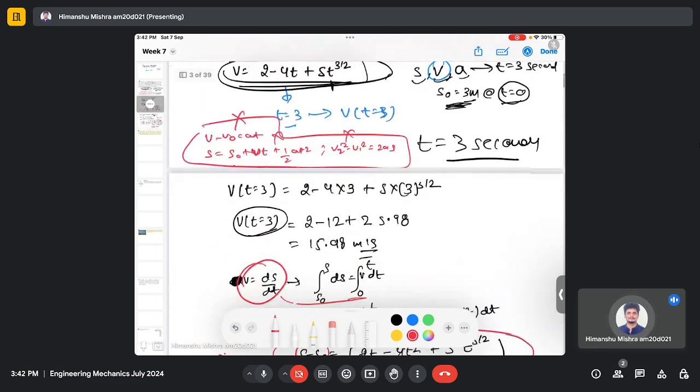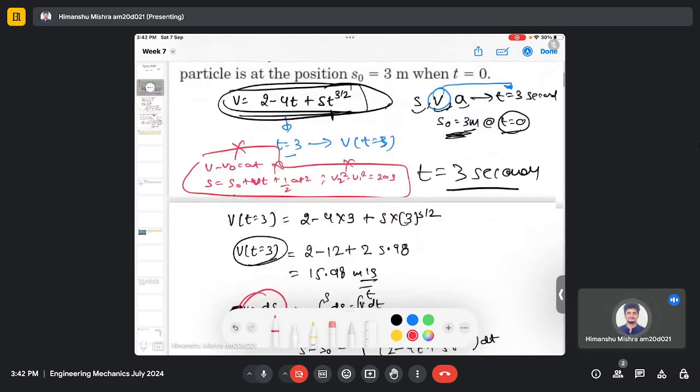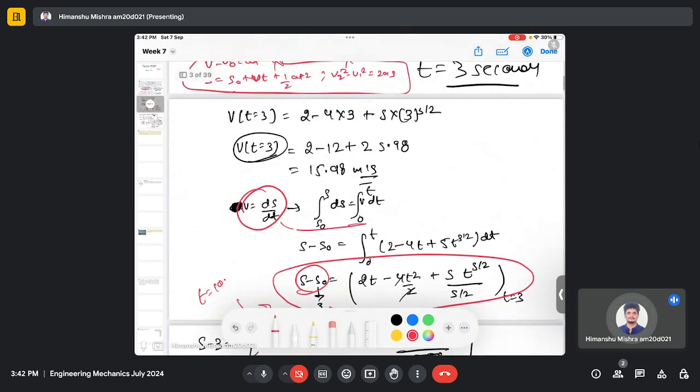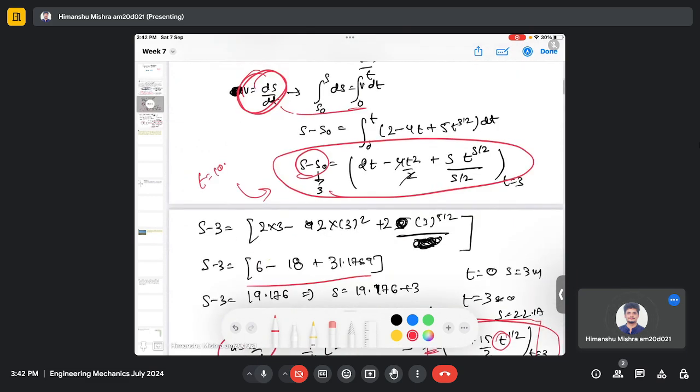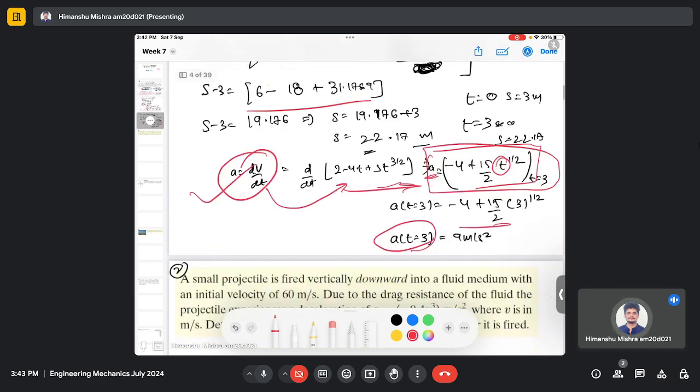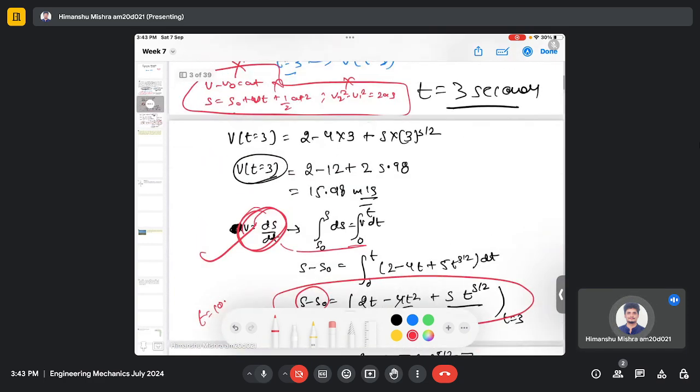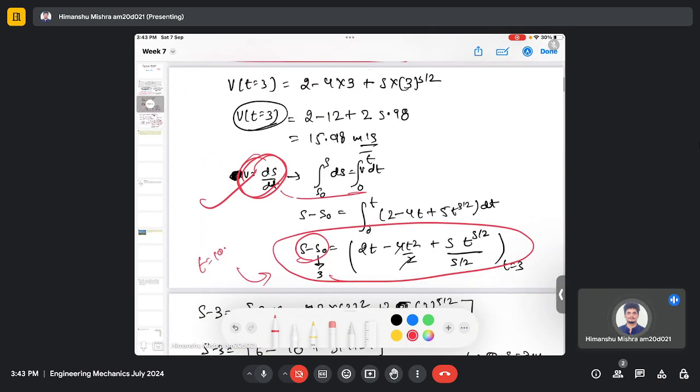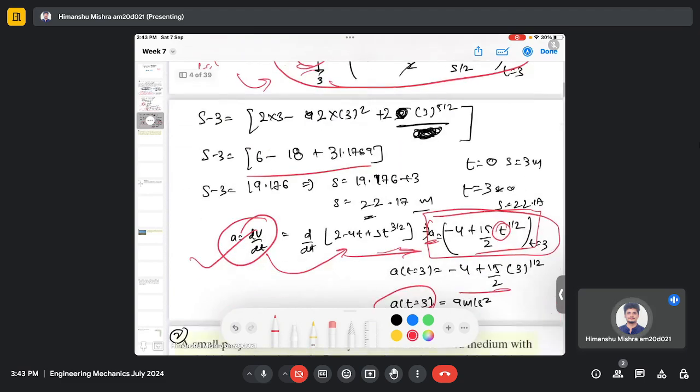You can see that acceleration is not constant, and therefore we use the general equations, this one and this one, to integrate to find the position and differentiate to find the acceleration.